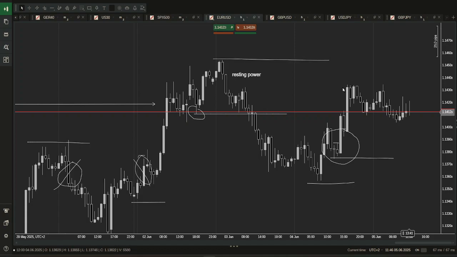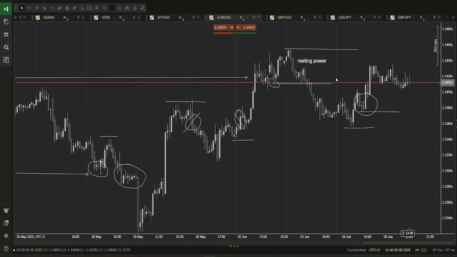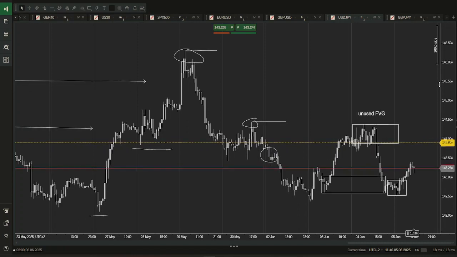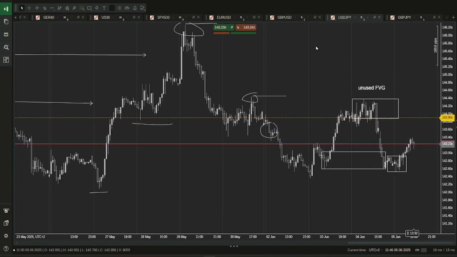So there was no really good trade example on the euro, so let's skip that. We got this thing, and I put a pending order on that was not filled, but I'm going to show you something.